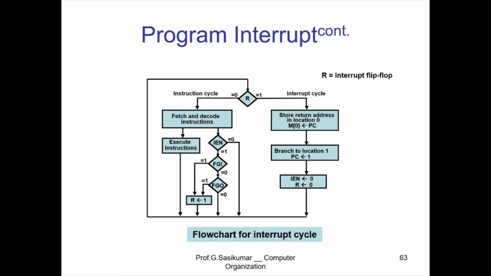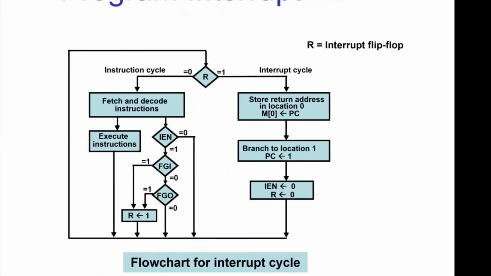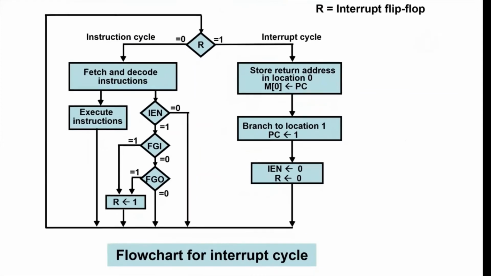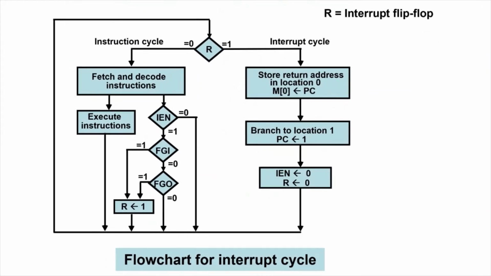So we have to write the program to execute the data. This is a flow chart for the interrupt cycle, showing how the interrupt flip-flops are executed. You can see here, very simple: the password I have typed in, which is equal to 1, is a match. Then return the address, interrupt enable goes to 0, and finally the interrupt is 0 for executing the data.